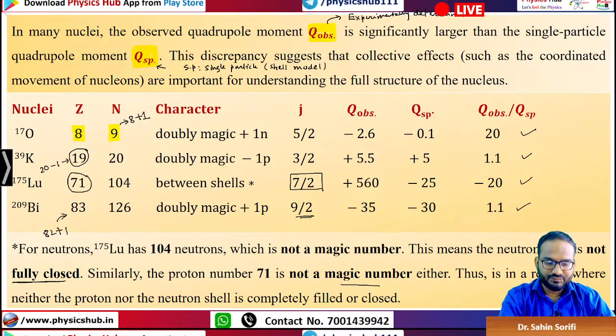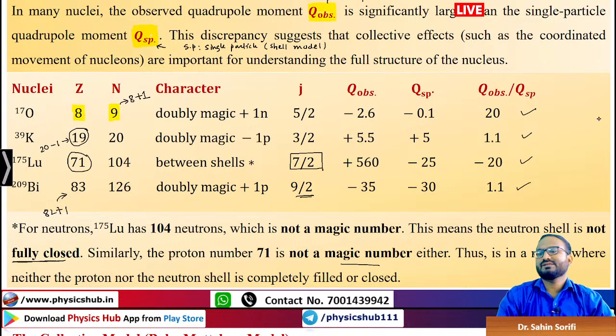Coordinated movement of nucleons means collective motion of nucleons inside the nucleus. Yes, basically you can consider it in this way. In the shell model, only the last unpaired nucleon was observed, and the other nucleons' effect was ignored.